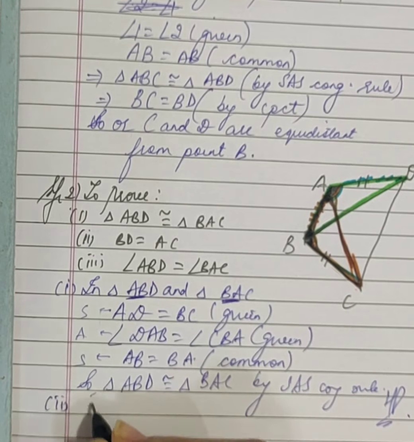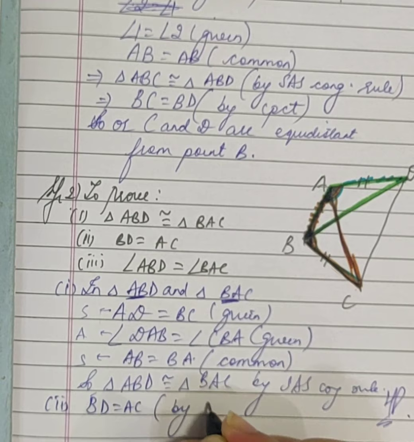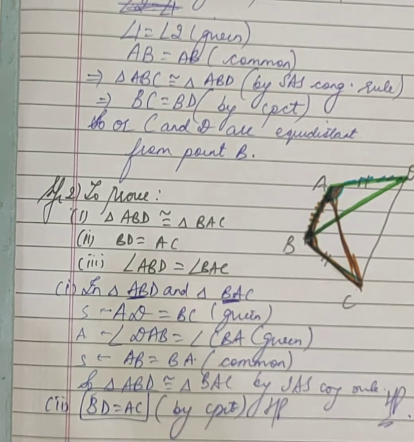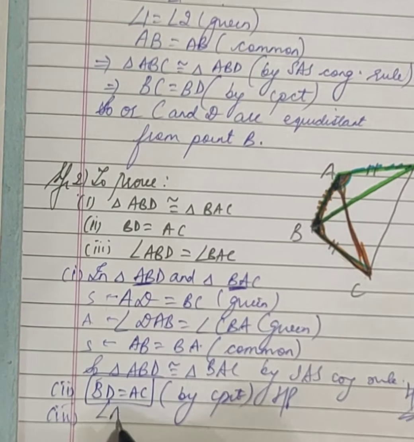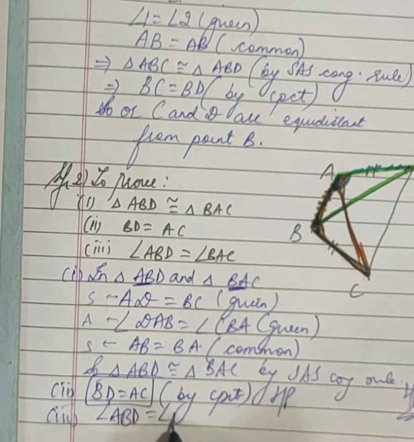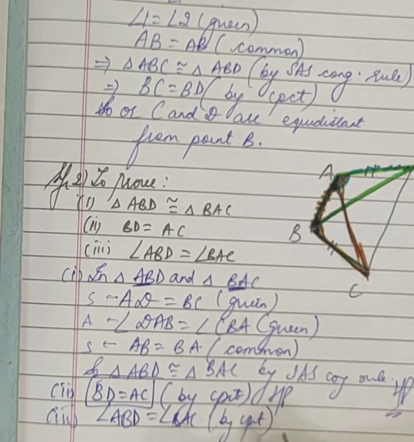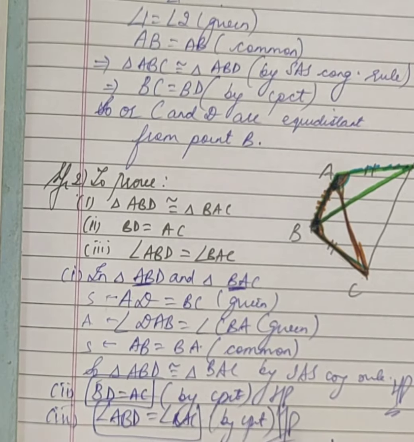Second part, BD is equal to AC by CPCT. Hence proved. And third part, angle ABD is equal to angle BAC directly by CPCT of first part. Again, hence proved. That's it.